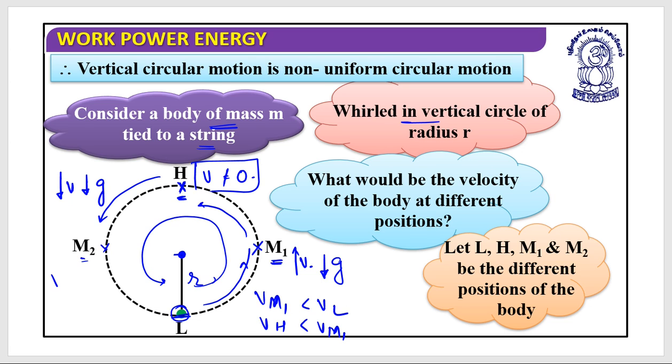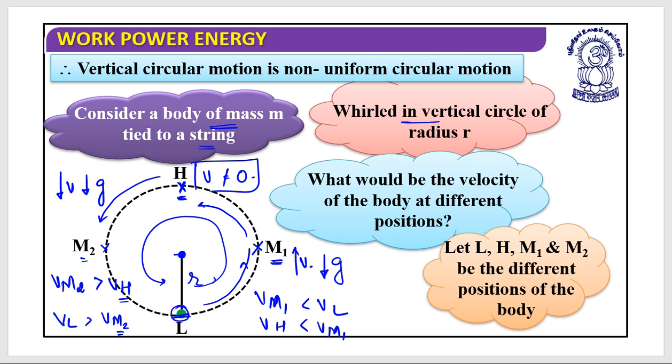The velocity at M2 would be greater than the velocity at H, and the velocity at L would be greater than the velocity at M2.